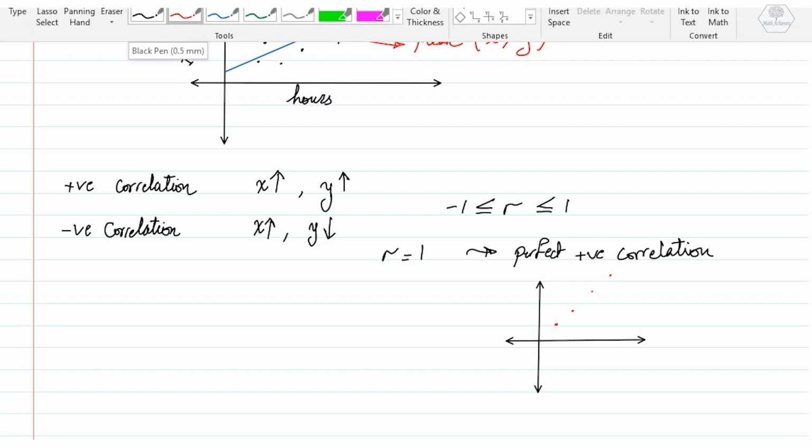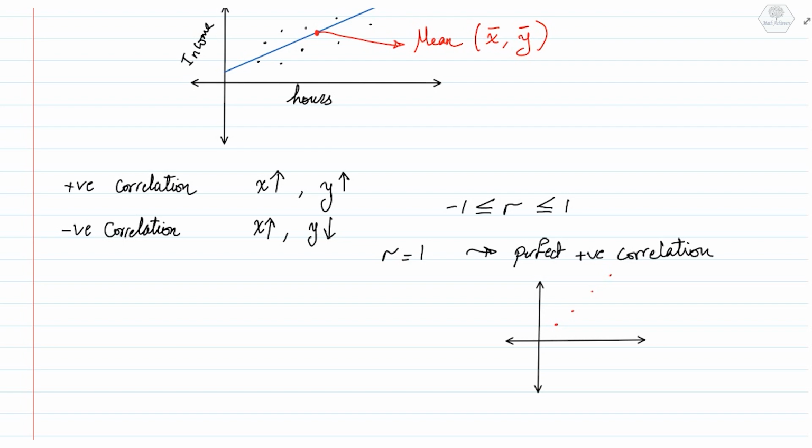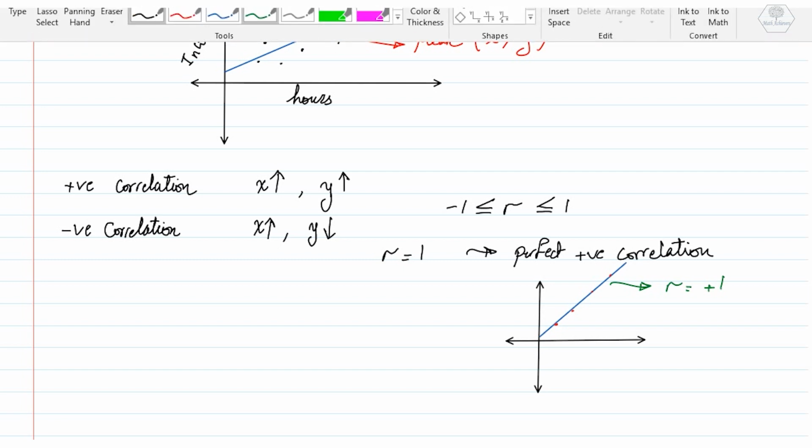So let's draw our line. This is a perfect line. In this case, the value of my r is equal to +1, when all the points form a perfect straight line. It's +1 because I'm having the gradient to be positive.